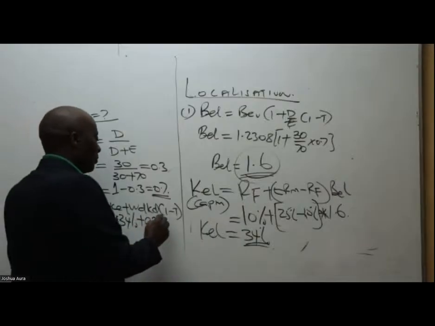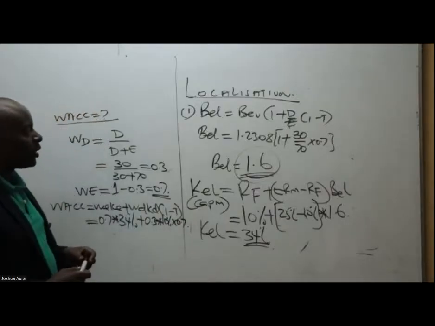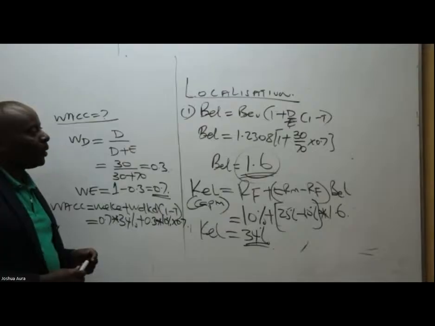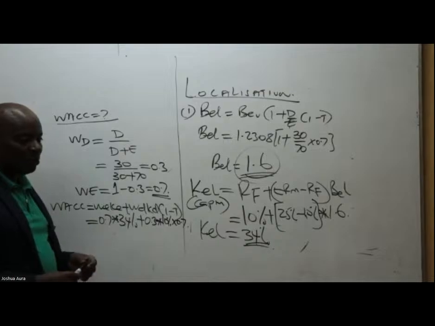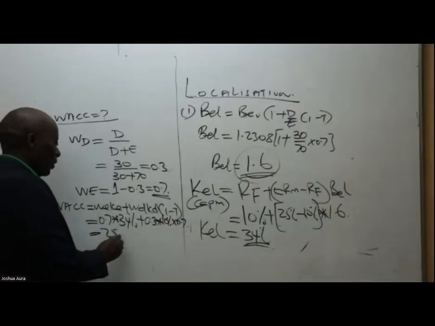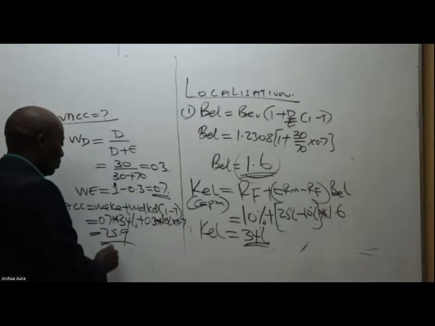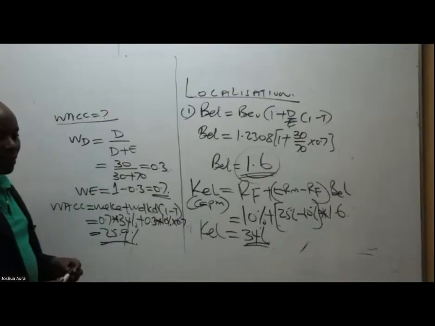We take risk-free, which is 10%, and multiply this by 0.7 because of 1 minus tax. This gives a WACC of 25.9%.